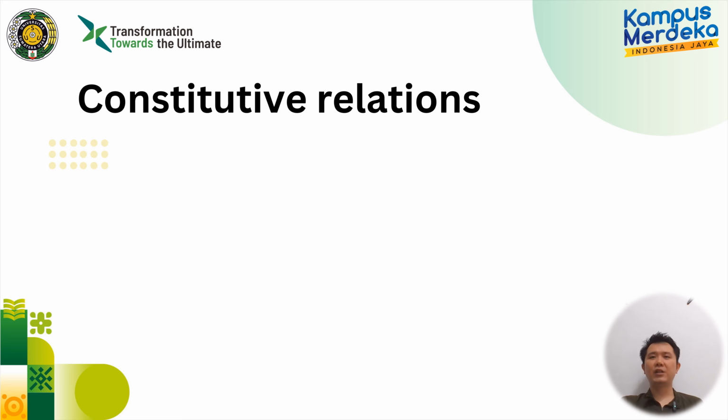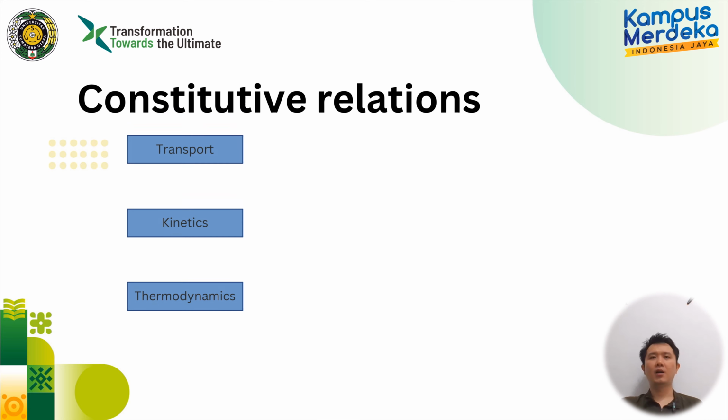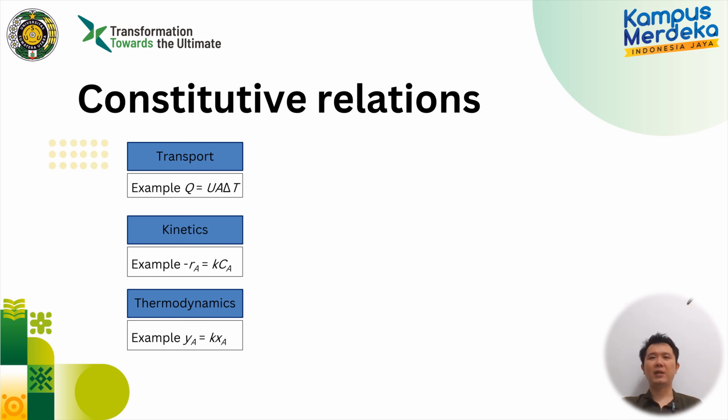Sometimes we need additional physical or chemical equations to complete our modeling. Aside from using mass balance, we can also incorporate transport phenomena, kinetics, and thermodynamics equations. For example, heat transport, reaction kinetics, and phase equilibrium.